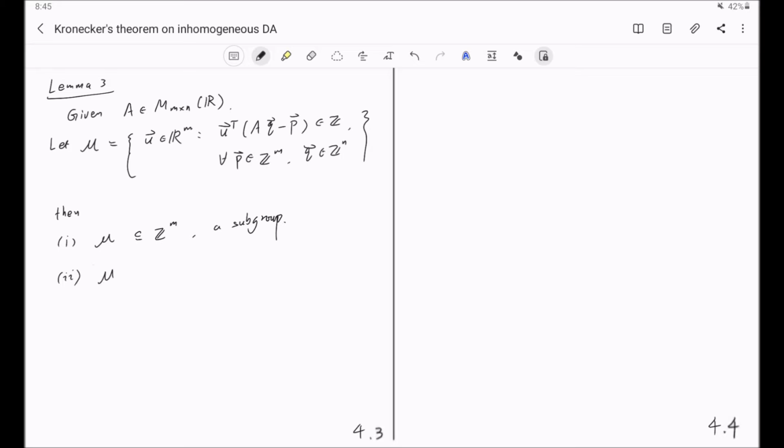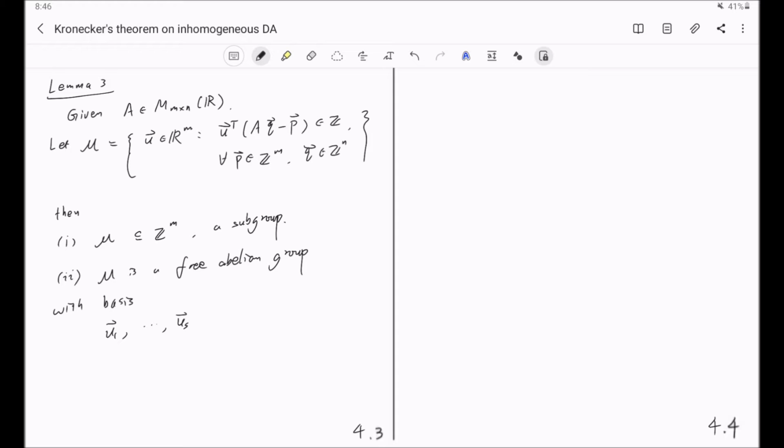So M is a free abelian group with basis consisting of s integer vectors u1 to us in Z^m.